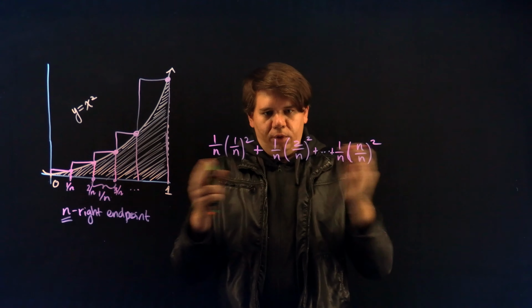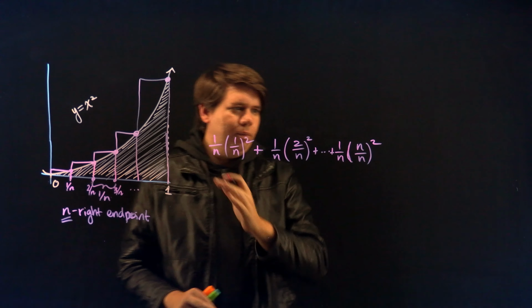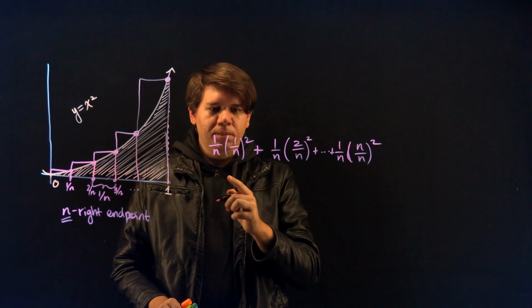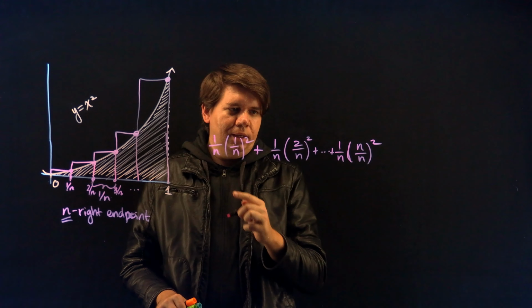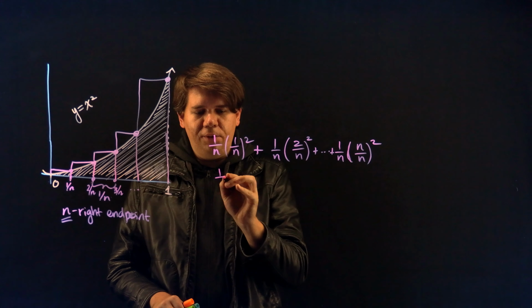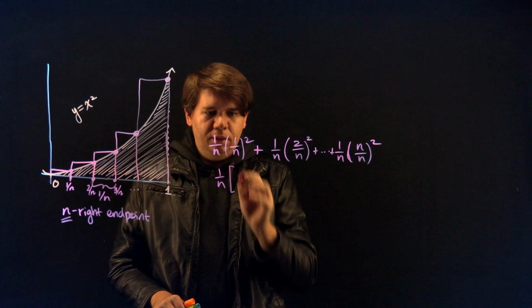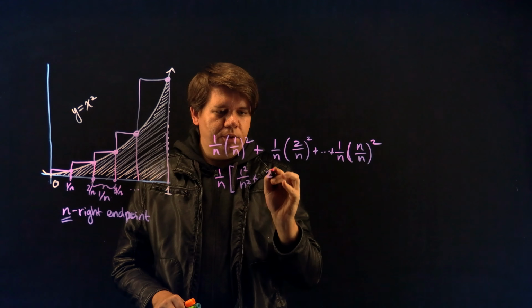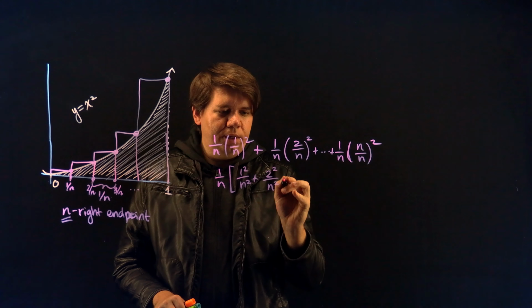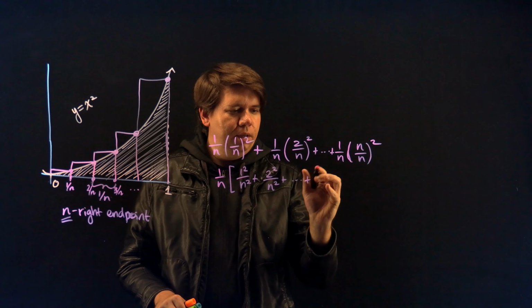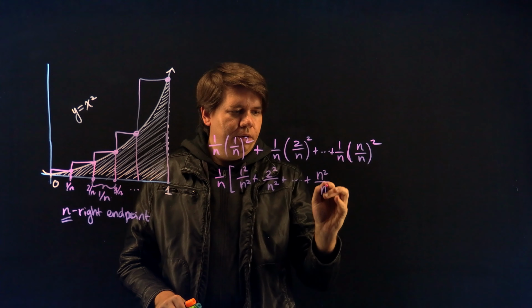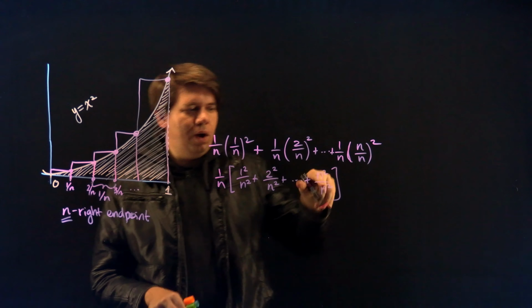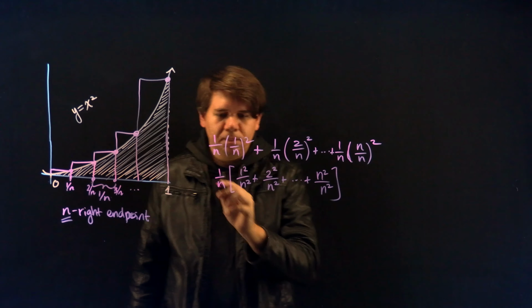And okay, what does this come out to be? Well, we can simplify this a little bit. One way to do that is I could pull out that 1 over n, and then here I just have 1 squared over n squared plus 2 squared over n squared all the way through n squared over n squared. Yes, that's just 1, but there's a reason I'm writing it like this.